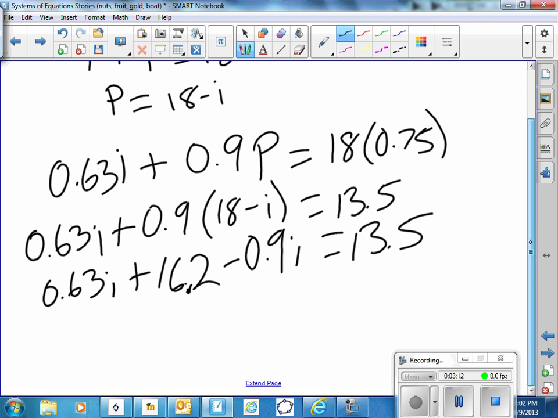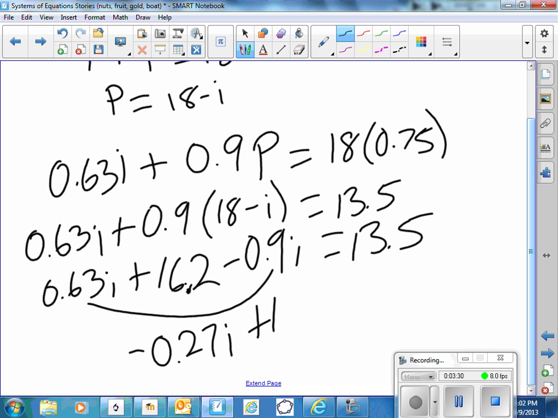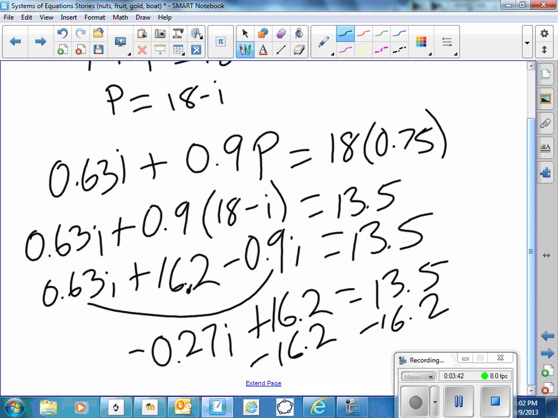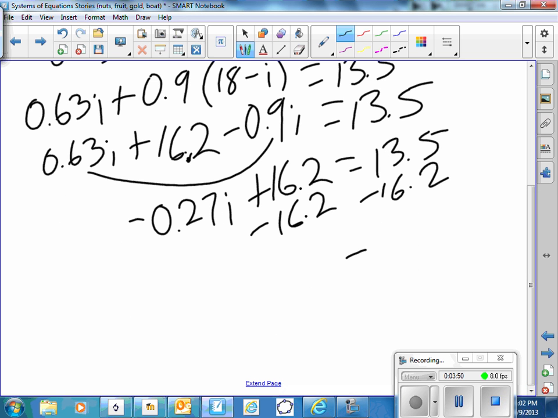So we'll combine the like terms that we have. We have 0.63 minus 0.9 would give us negative 0.27I. Let's go ahead and subtract 16.2 from each side, giving us negative 2.7.